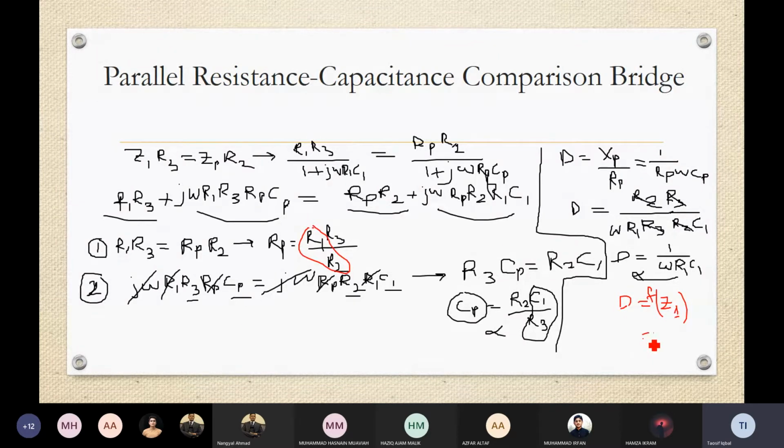The dissipation factor of Z1 is the reactance X1 divided by R1, where X1 is omega RC, so this is equal to that dissipation factor.